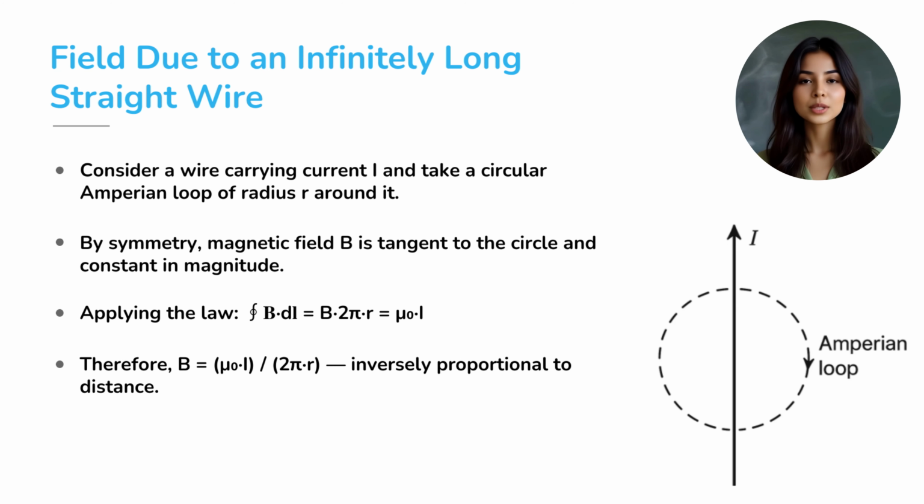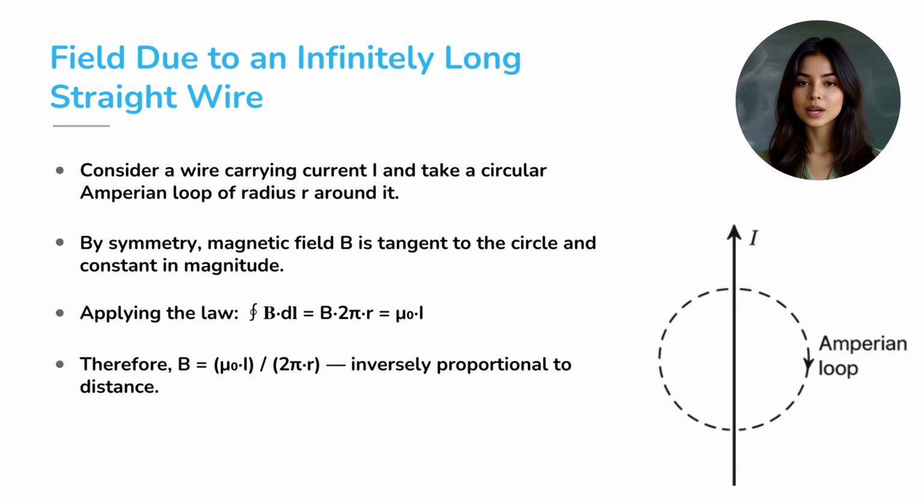Let's apply Ampere's law to a very classic situation, a long straight wire carrying a steady current I. Imagine drawing an invisible circle around the wire. That circle is our Amperian loop with radius r. Because of symmetry, the magnetic field at every point along this loop is tangential to the circle, and its magnitude is the same everywhere.